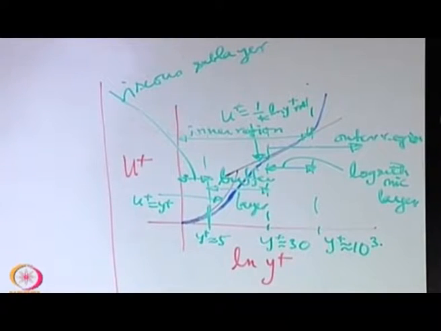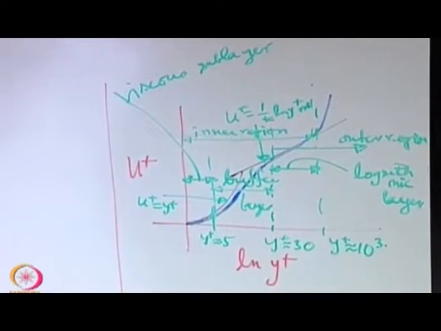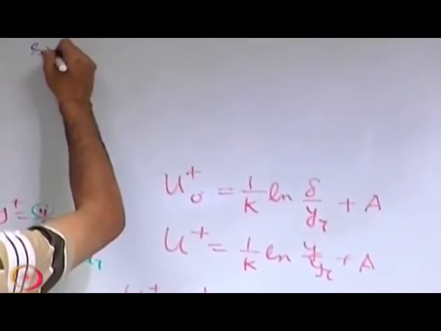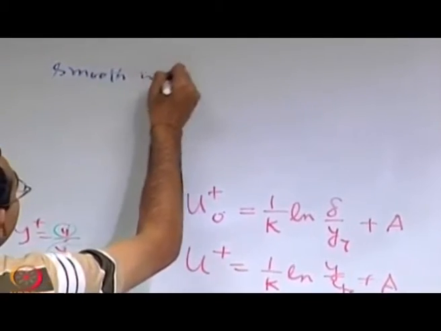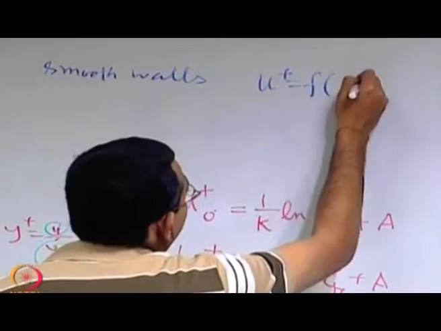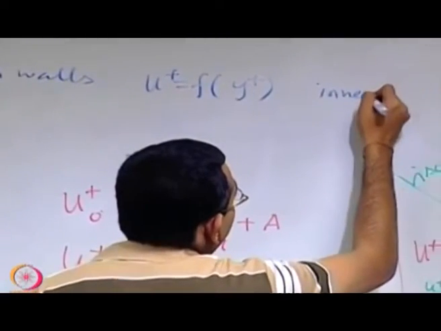Now what we will do is have a short description of this in an alternative viewpoint, an alternative picture. Let us say that we do not know the form of the velocity profile very close to the wall. Just from dimensional arguments we can write that for smooth walls you have u plus as a function of y plus in the inner region very close to the wall.